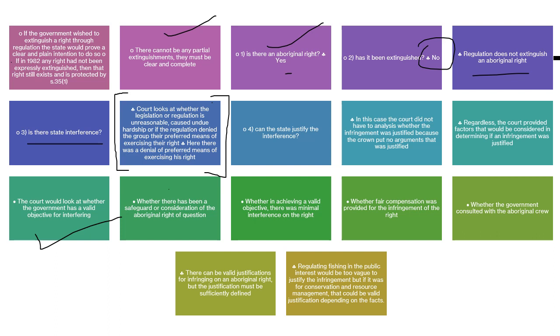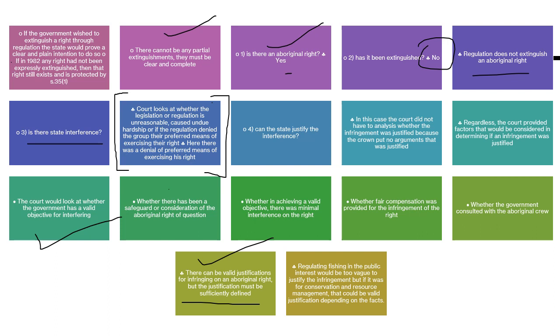There can be a valid justification for infringing an aboriginal right if the justification is sufficiently defined and clear-cut, and there has been consultation prior to making that legislation, law, or policy that is interfering with aboriginal people.